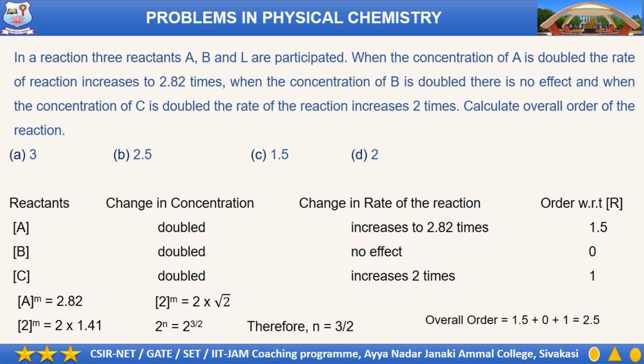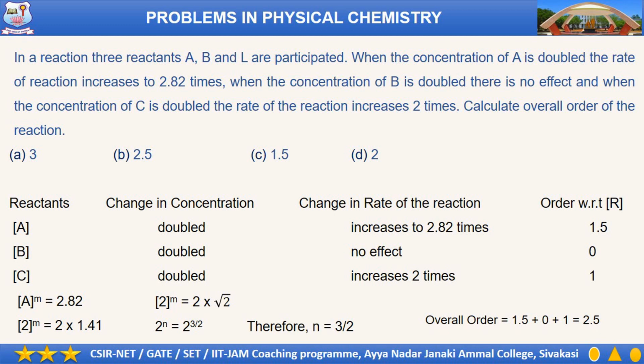When the concentration of A is doubled, the rate of the reaction increases to 2.82 times. The rate increases by 2.82 times.